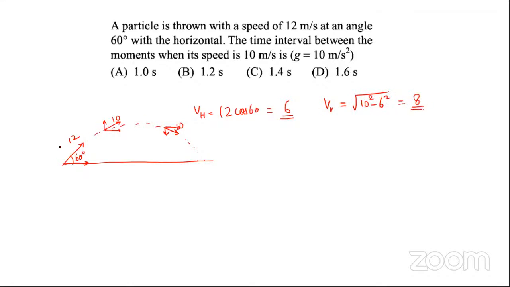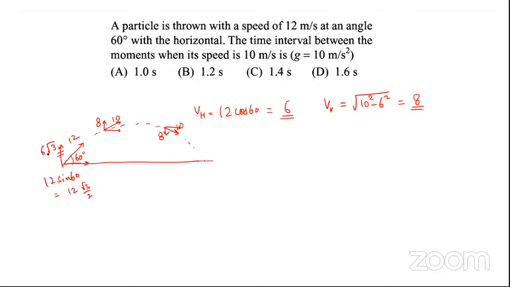So this vertical component turns into 8 over here and 8 in opposite direction over here. And this was 12 sin 60, that is 6 root 3.